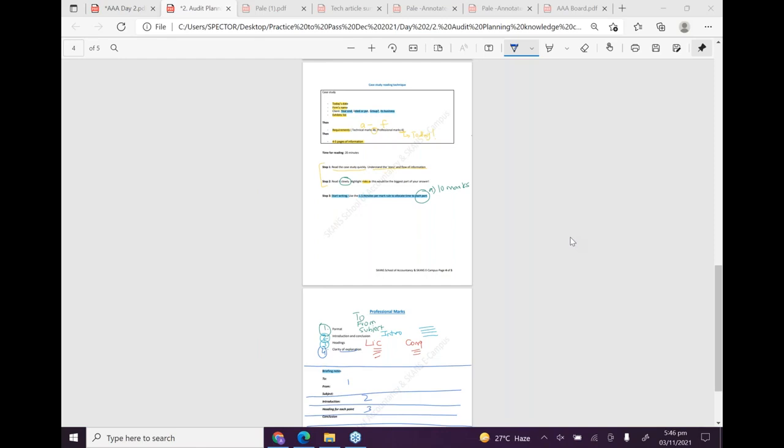Right now, please do not start giving me the answer straight away. You should start giving me the answer after you read it the second time. If you give it to me after the first time reading, trust me, you'll be giving me the wrong answers. Unless you know what has happened in this case study, the transactions, the events that happened during the year, you would not be able to come up with good answers.